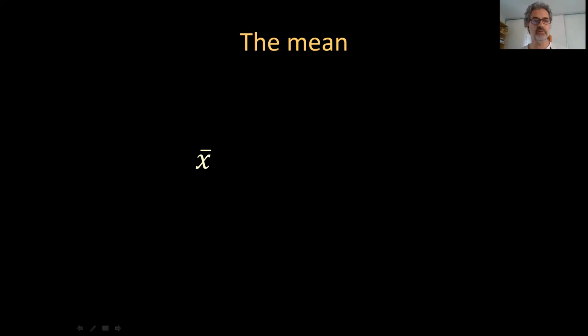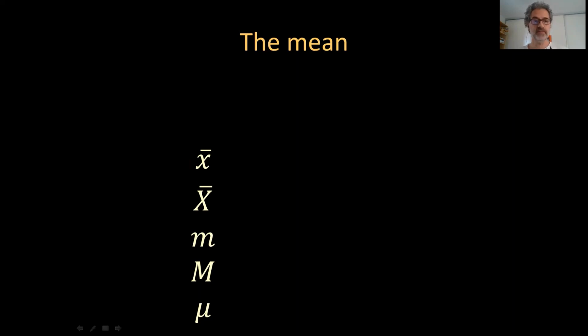And by now you will have noticed that there's a bunch of symbols that we use to represent the mean, unfortunately. So in some books you see lowercase x bar. In other books you'll see capital X bar. In other places you'll see lowercase m.